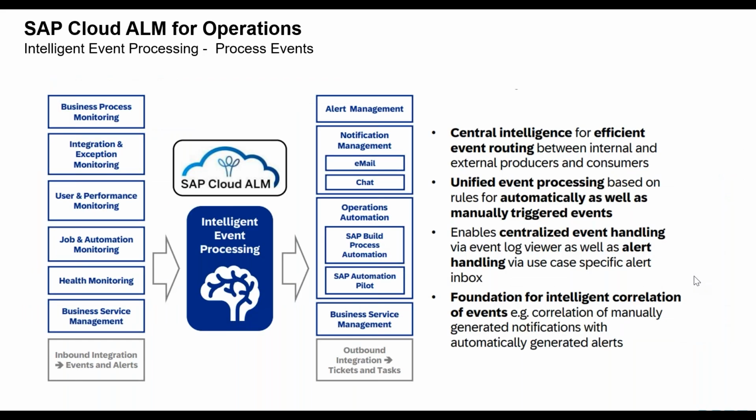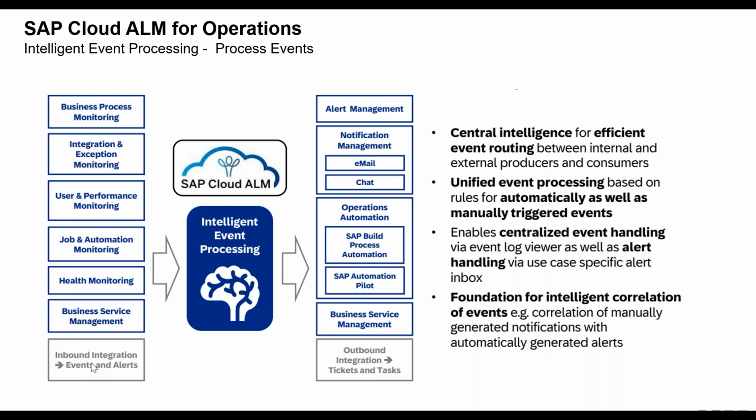And last but not least, which is very important, Cloud ALM does also offer intelligent event processing. So for any of these applications in here, besides the security and configuration, at any given time, if there's any alert raised, you could decide what you do with that alert as well.